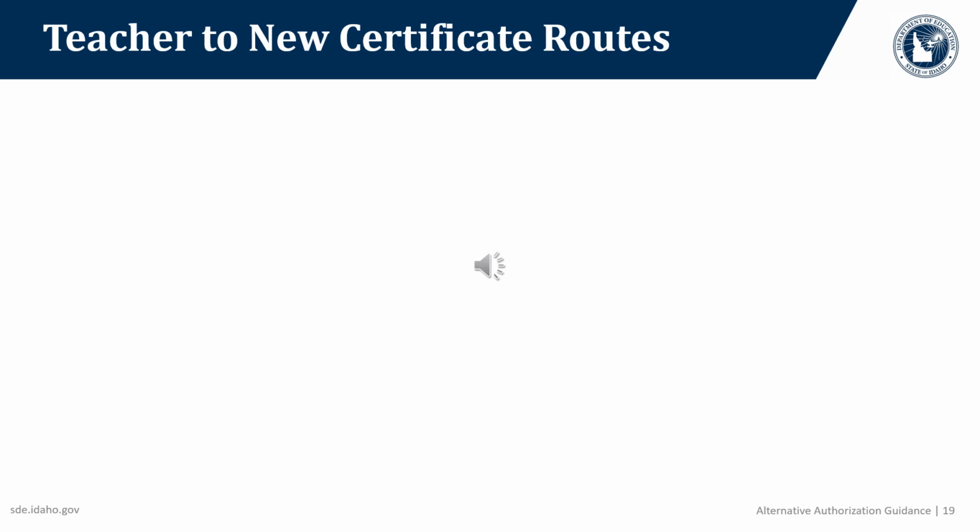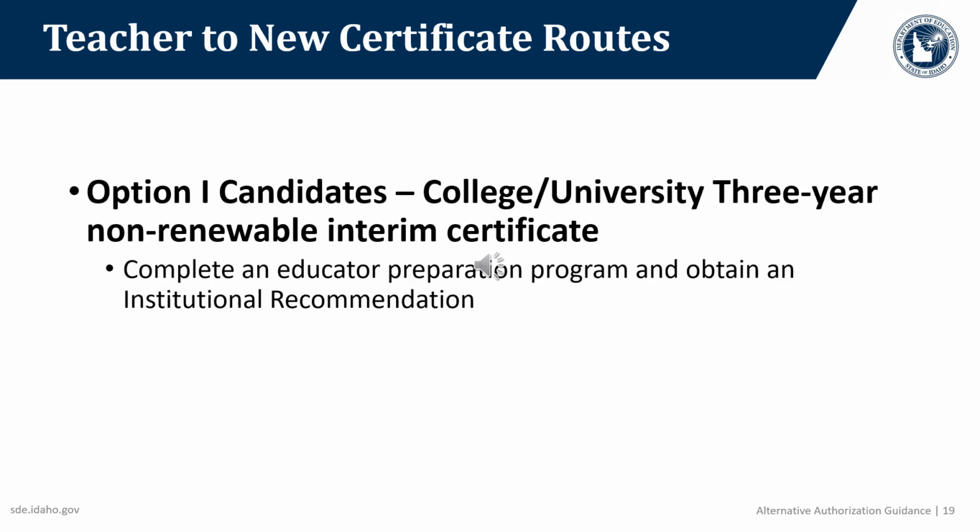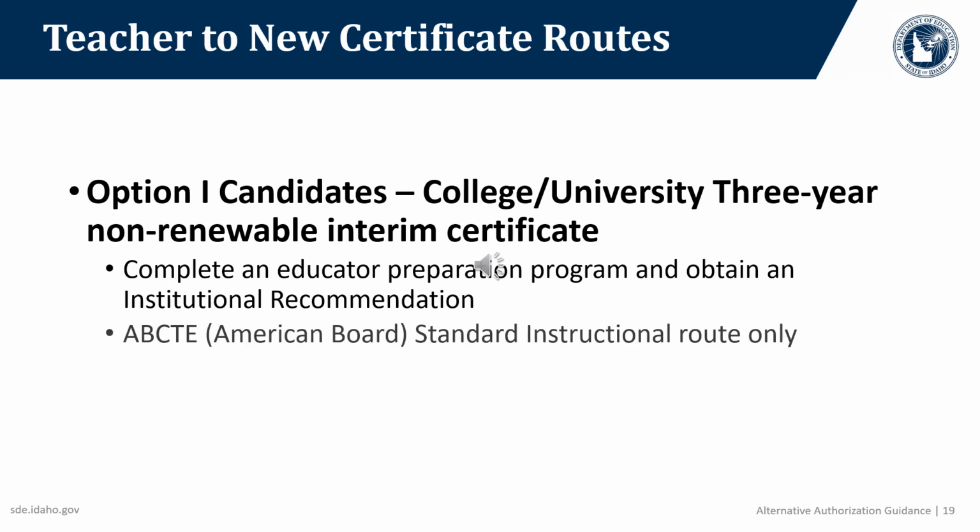If the Teacher to New certificate is needed, the candidate will choose option 1 to seek an endorsement through coursework to obtain an institutional recommendation from the college or university. The candidate may also choose the ABCTE assessment program route. ABCTE may only be used for standard instructional only, not available for CTE specific endorsements.